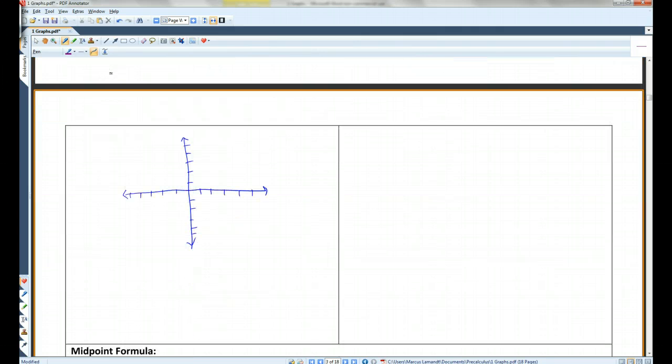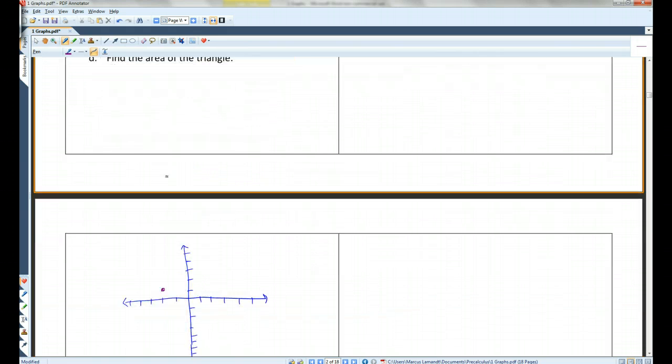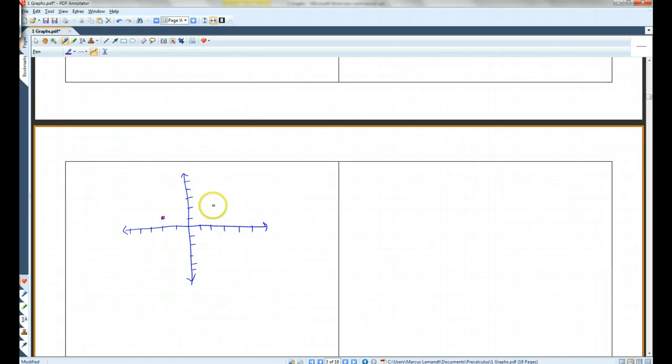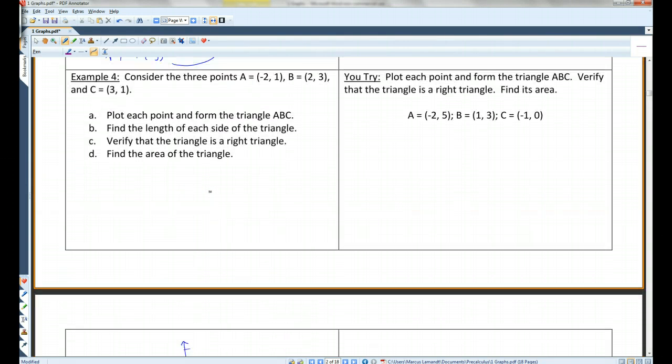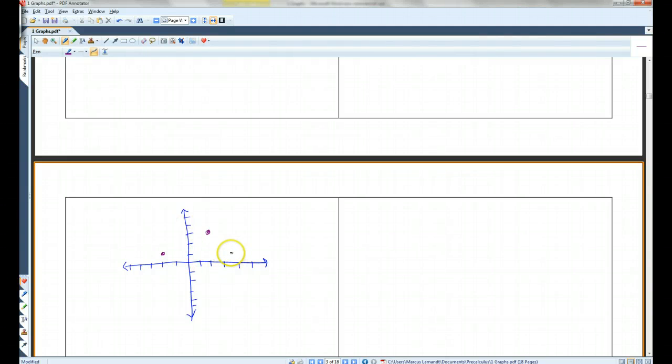Negative 2, 1. There we go. 2, 3. And 3, 1. So there. There's our triangle. Okay.